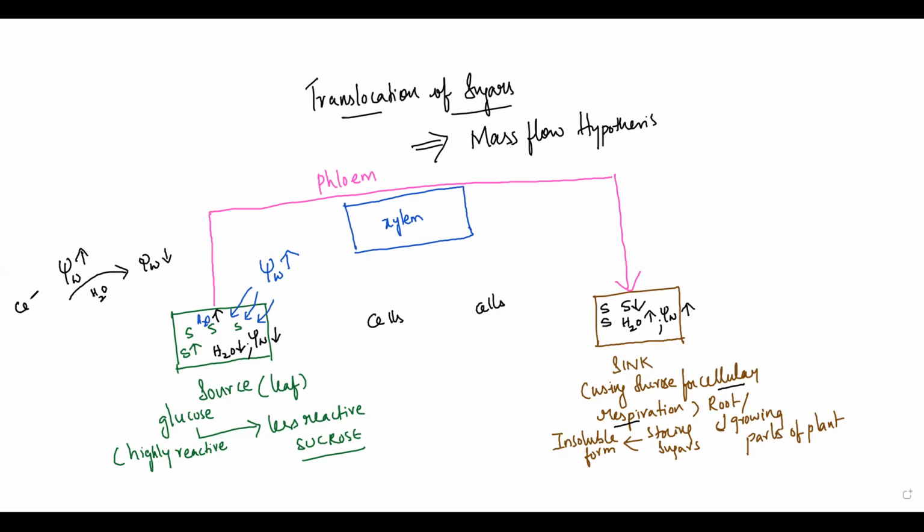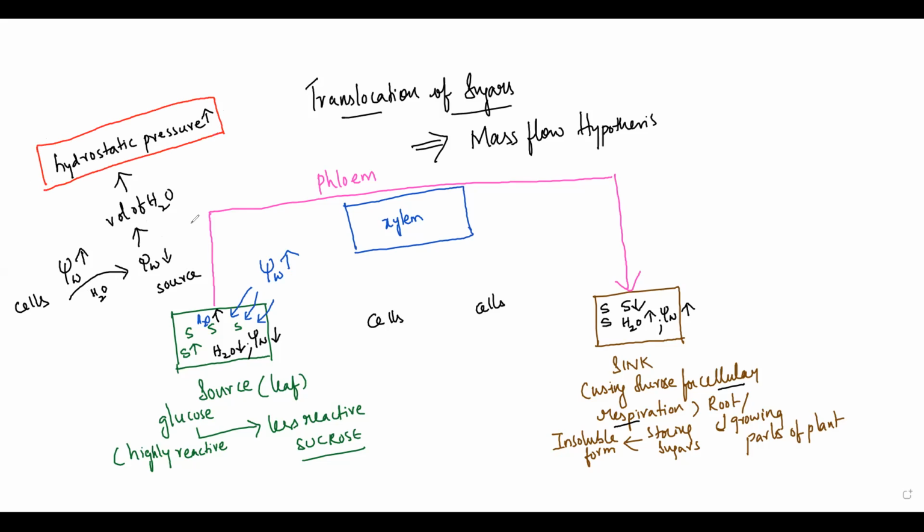So from the surrounding cells, the water is moving into the source, thereby increasing the volume of water. If the volume of water increases, hydrostatic pressure increases. This hydrostatic pressure is going to drive the sugars and water from the source side towards the sink side. This is the mass flow hypothesis.